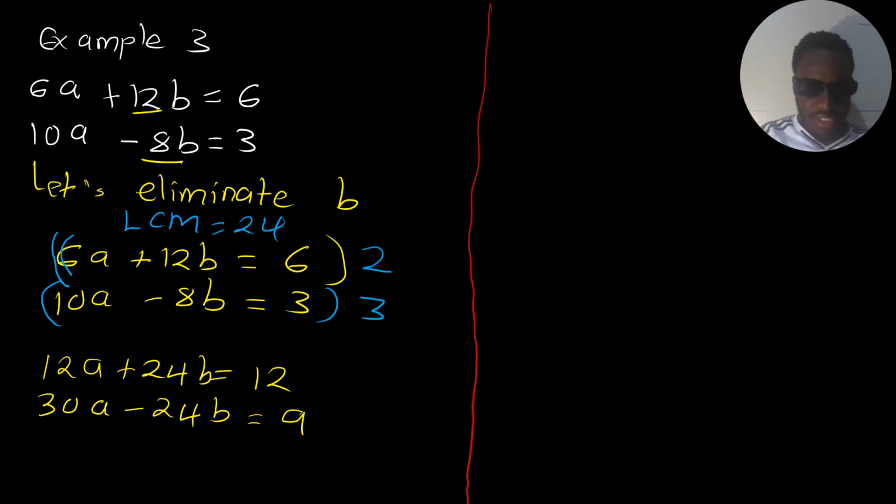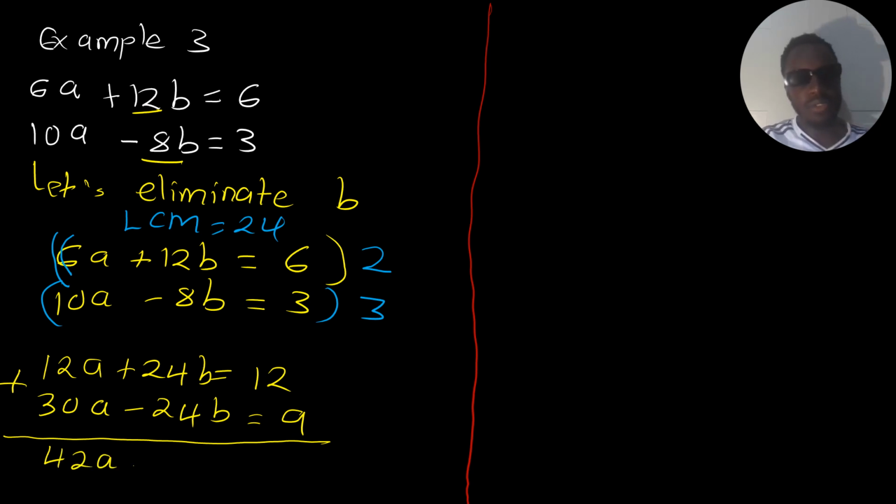So as you can see, the coefficients of b are the same, but they have different signs, and we've said that when the signs are different, we add. So we'll add these two equations. 12 added to 30, that is 42a.